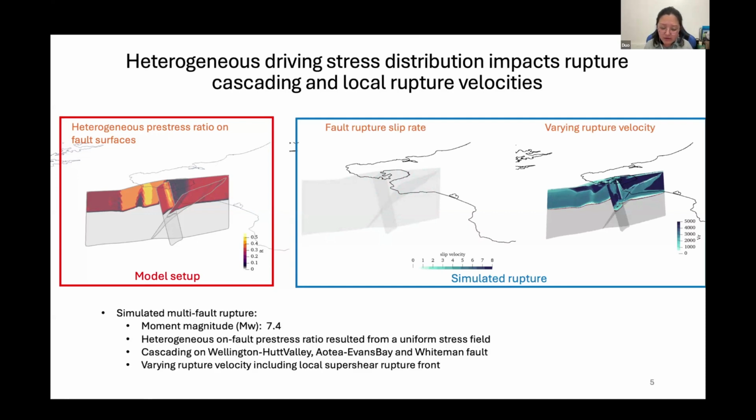So the final magnitude is 7.4. It will induce very strong ground shaking, which I will show later. This is just to give you a taste of how a multi-fault rupture could happen in Wellington.